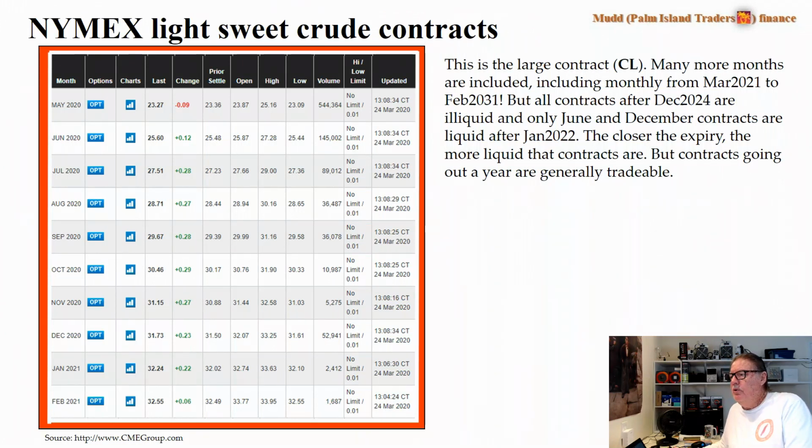And only June and December contracts are liquid after January 2022. I don't know why the convention is to have those two contracts being the contracts in which they're traded, but that is the convention. The closer the expiry, the more liquid the contracts are. Contracts going out a year, typically for these kind of contracts, are tradable, no matter what you're talking about.